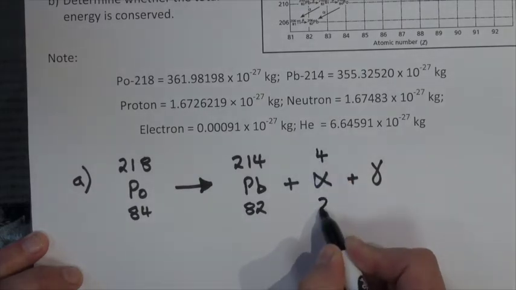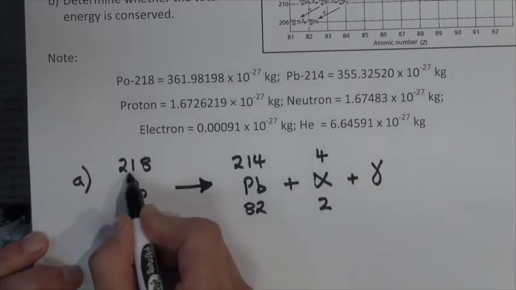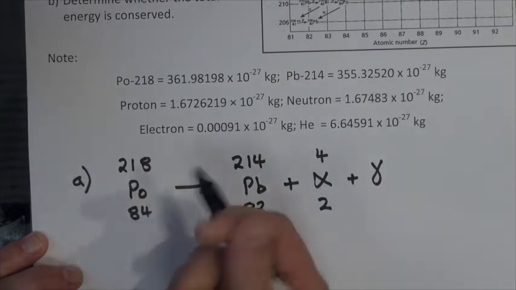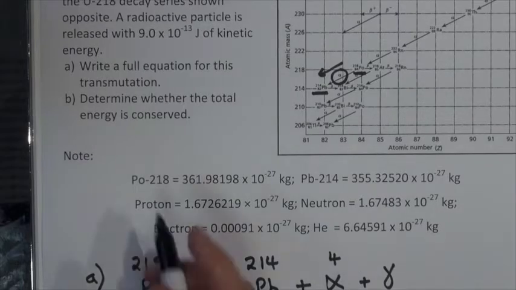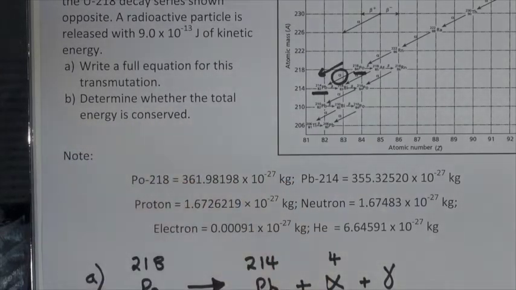I'm just going to put on 4 and 2 because 214 plus 4 makes 218, 82 plus 2 makes 84, so it's now balanced, noting that an alpha particle is a helium nucleus. So now we're going to determine whether the energy is conserved.